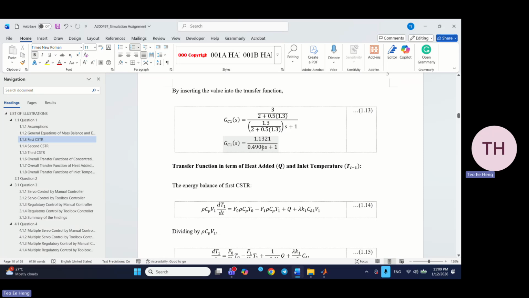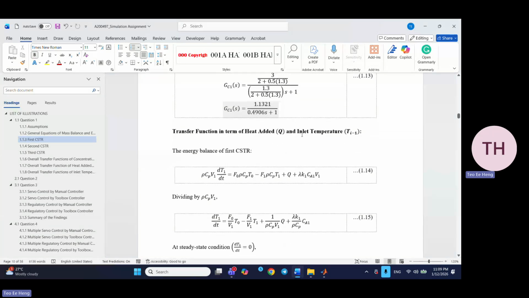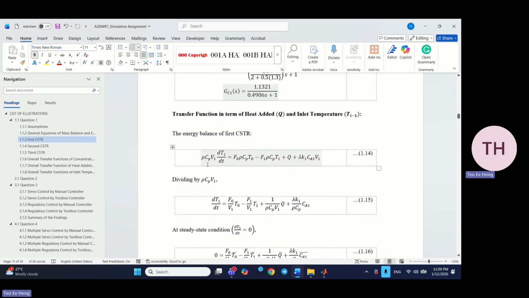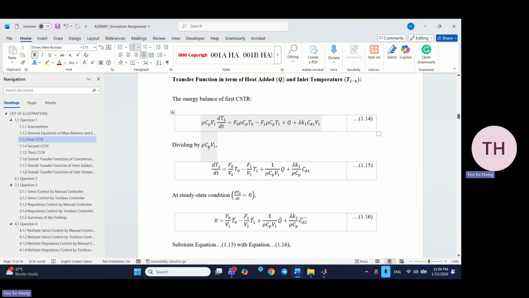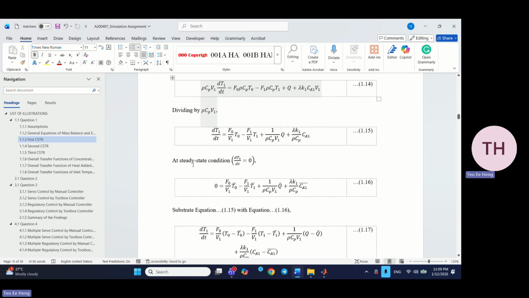For the transfer function in terms of heat added and inlet temperature, we use the general energy balance equation and divide it by ρCpV1. Also in the steady state condition, we assume that dT1/dt is equal to 0.